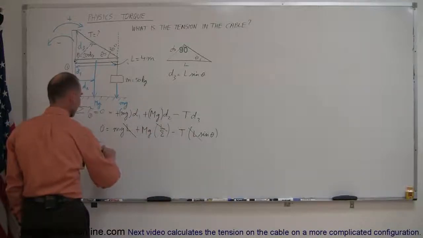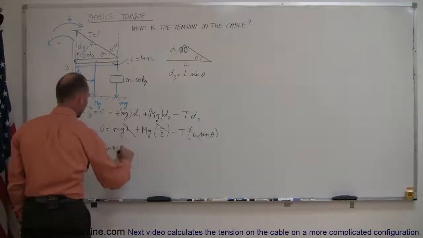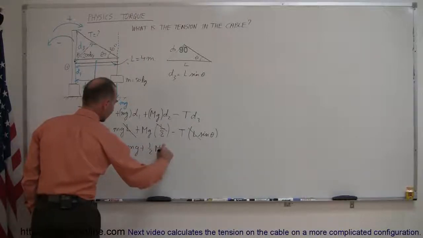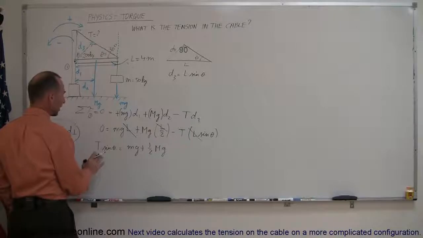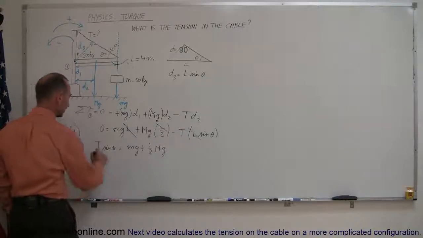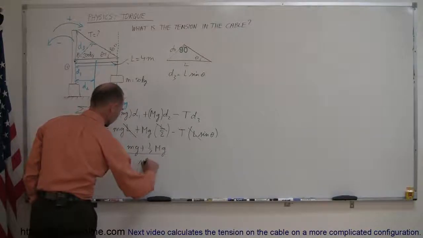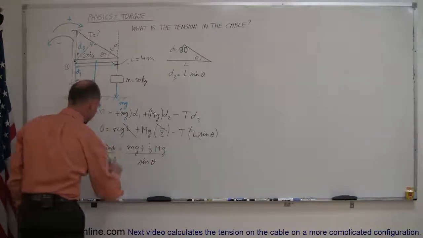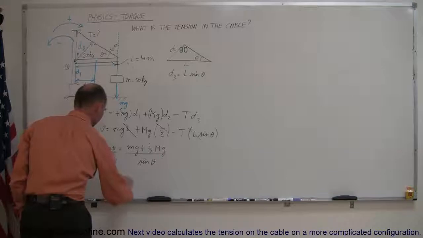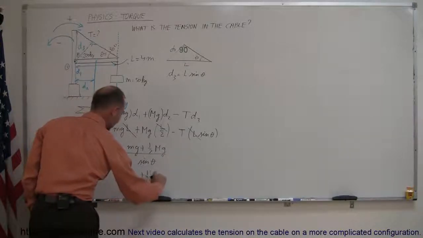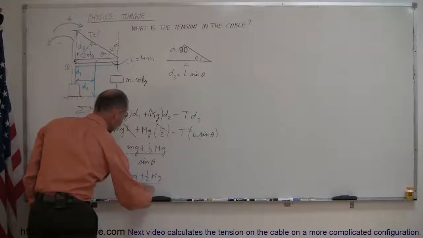So we have T times the sine of theta is now equal to mg plus 1/2 times big mg. And finally, I'm going to divide both sides of the equation by the sine of theta, so that the sine of theta cancels out, and I have the tension is equal to the little mg plus 1/2 times the big mg, all divided by the sine of theta.